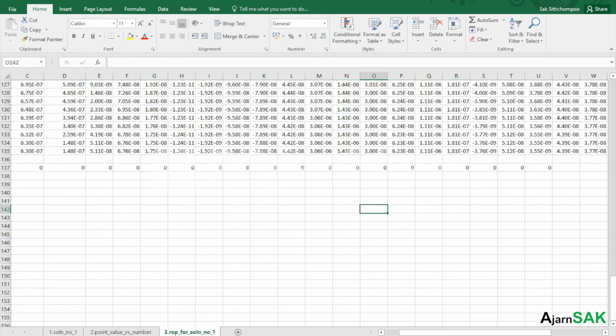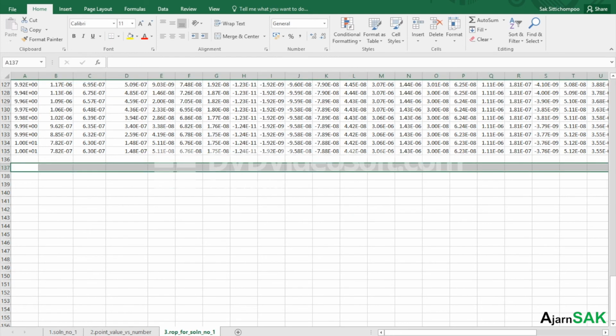For example, you have ammonia as your input, as your fuel, or in your decomposition. You have ammonia as your inlet. You want to see which reaction is important in decomposition of ammonia.